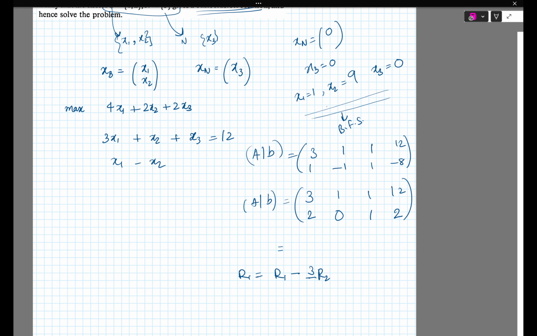So I'll do R1 minus 3/2 R2. I'll get 3 minus 3, that is 0. This will be 1 only. This will be 1 minus 3/2. This will be 12 minus 3 by 2, and this I can divide by 2.